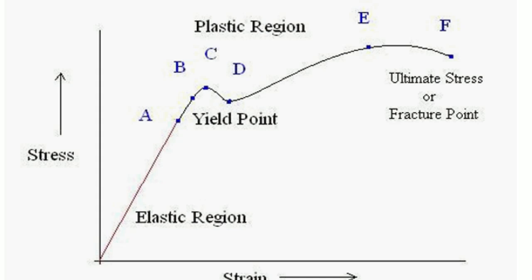Now, if we again increase the load on the structure or the material, what happens? Then the curve will come from C to D. In this portion C to D, yielding starts, and there is a drop of stress at point D. See, strain is increasing, but stress is decreasing.